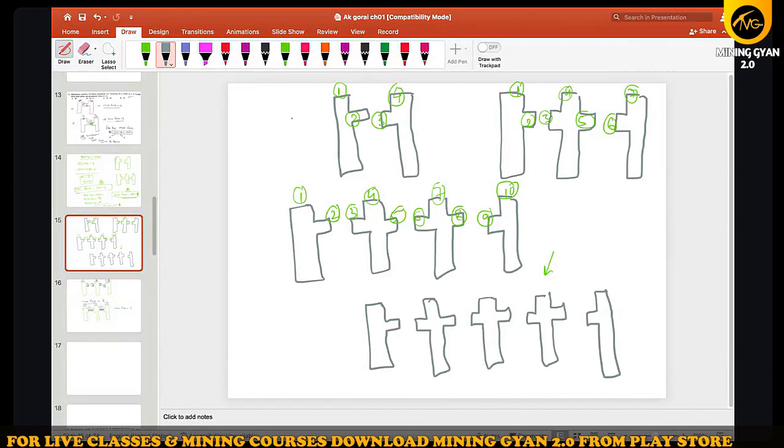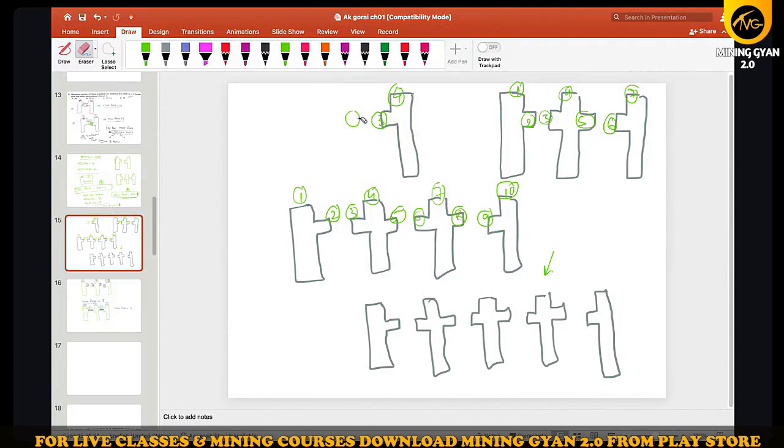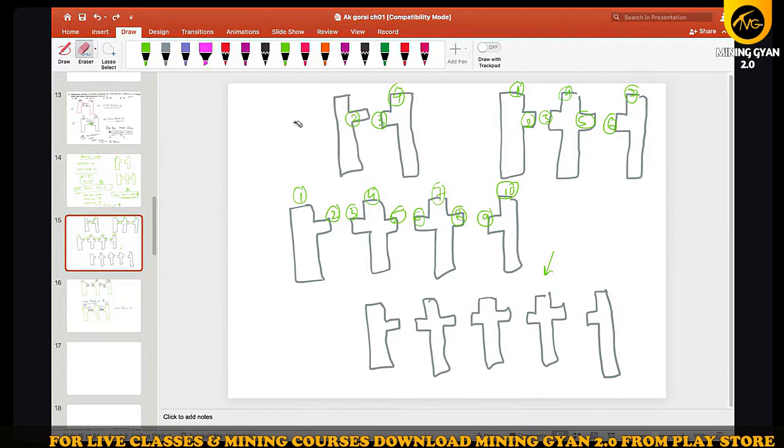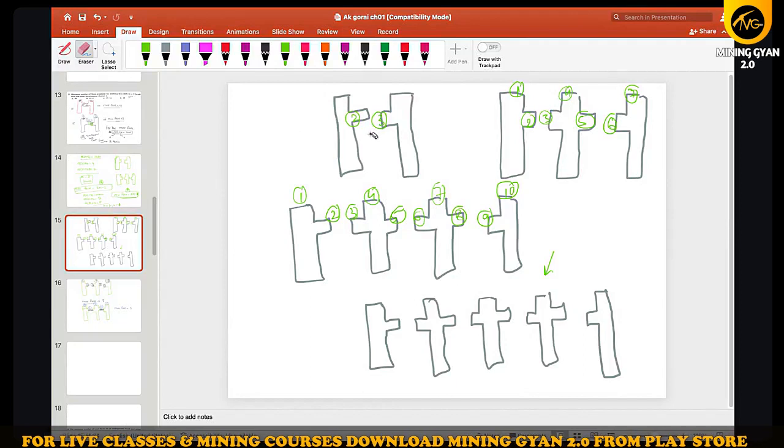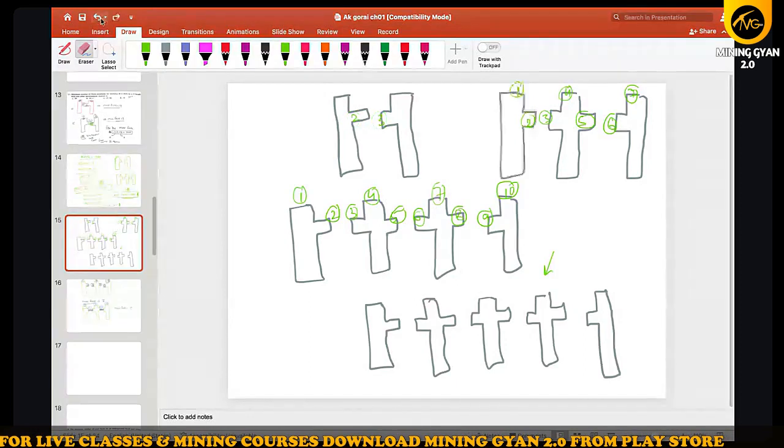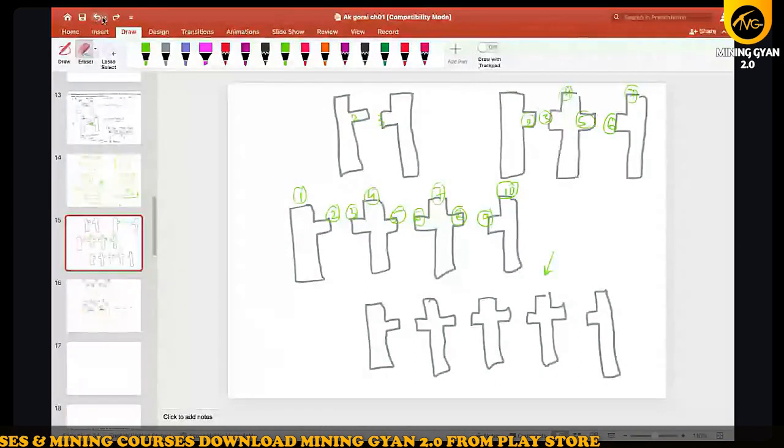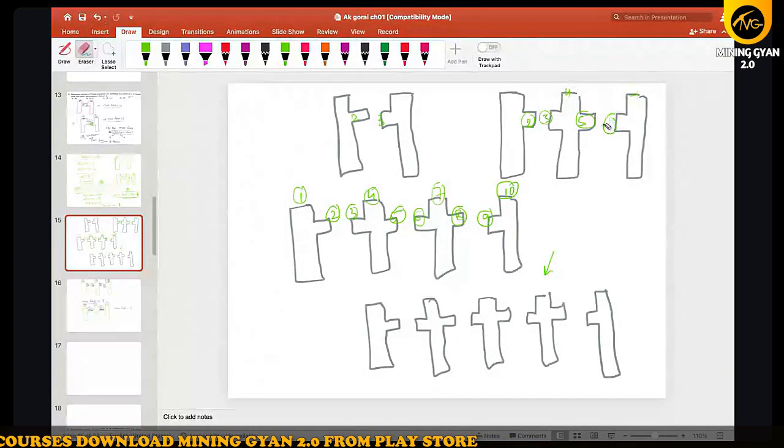Now, if they ask us for the minimum heading, then for the minimum heading, we will consider this as one phase.